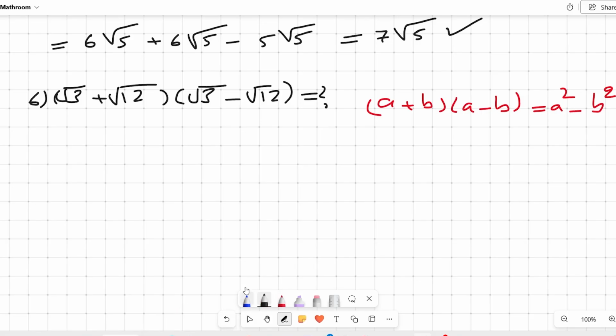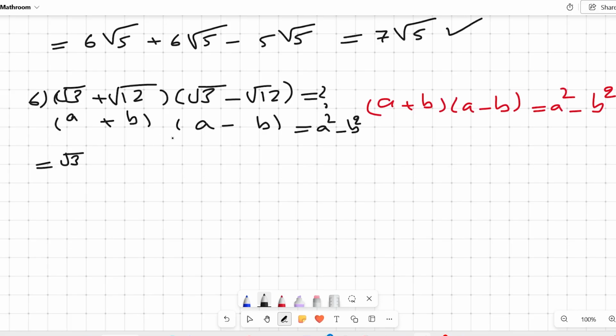So let's go. As you know, a plus b times a minus b is equal to a square minus b square. So instead of a, I can write square root of 3.